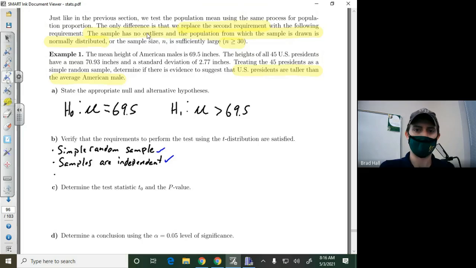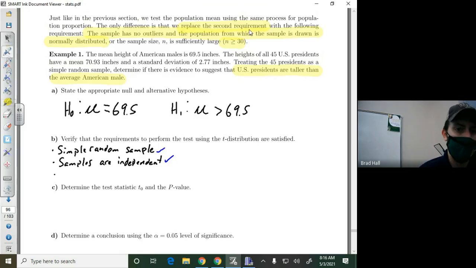And then the population either has to come from a normal distribution and or the sample size has to be at least 30. Well, if anything, we have 45 presidents. So we don't even have to check normal distribution. It turns out it would be normally distributed because heights, anything biological in that sense, tends to be naturally normally distributed.